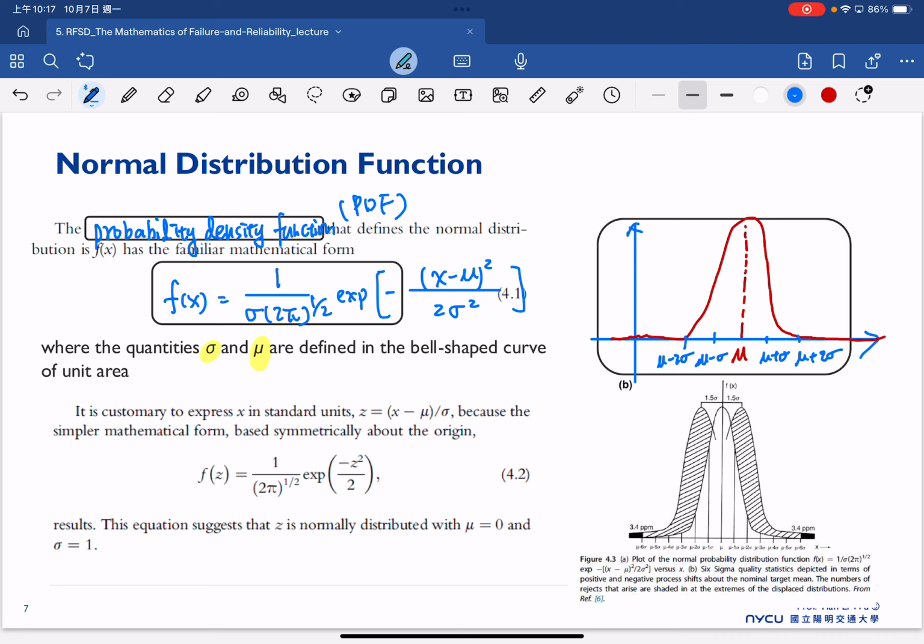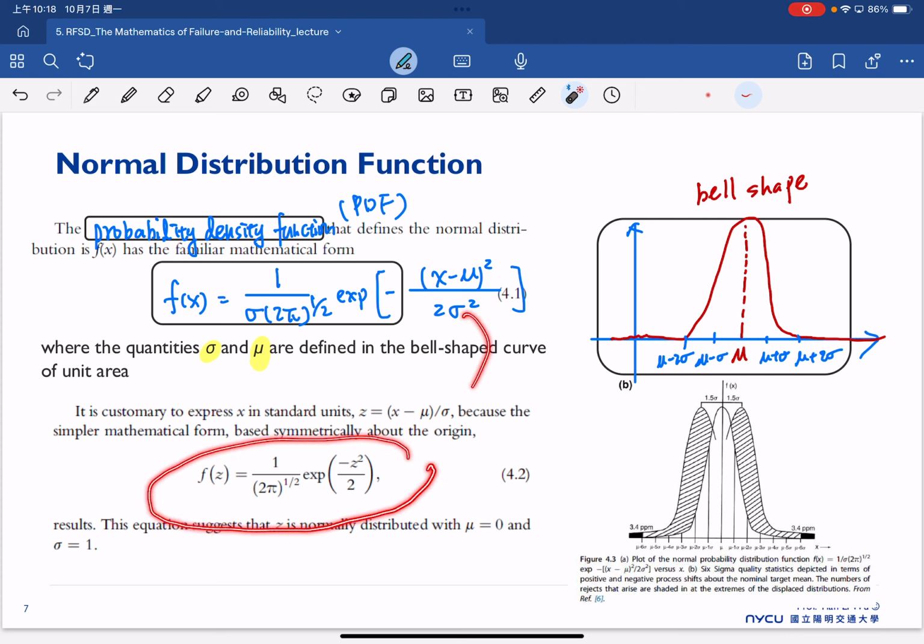This is typically what we call the bell-shaped curve. Usually we define z equal to x minus mu over sigma, so that can simplify this equation from here to here. Anyhow, it's just another simplified form for this normal distribution function.